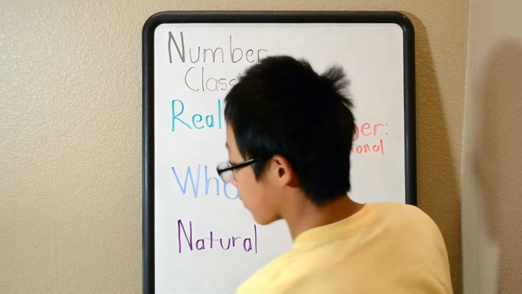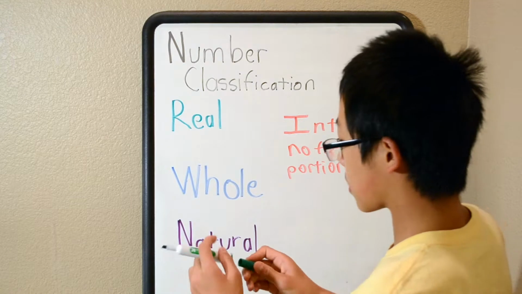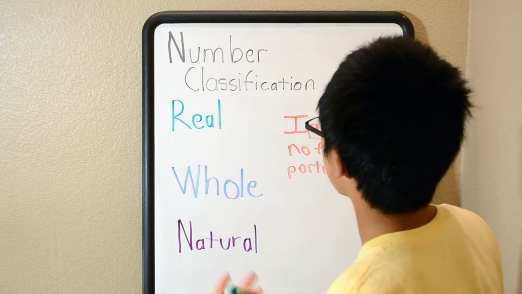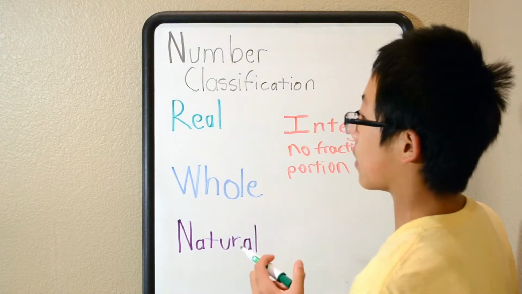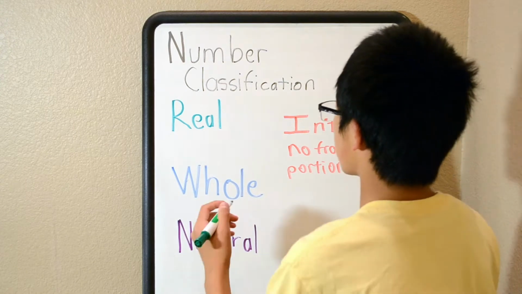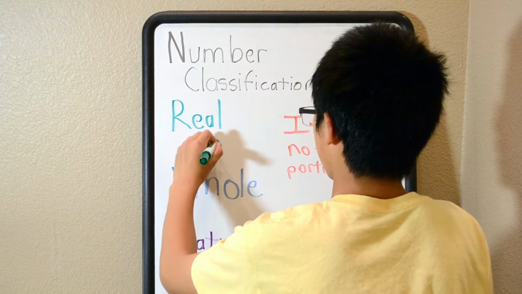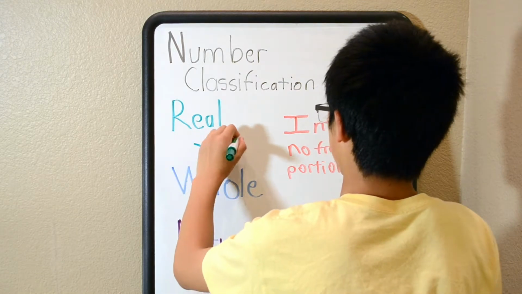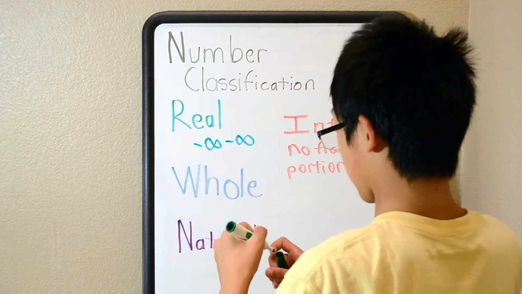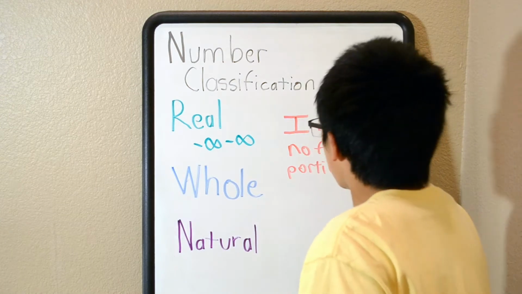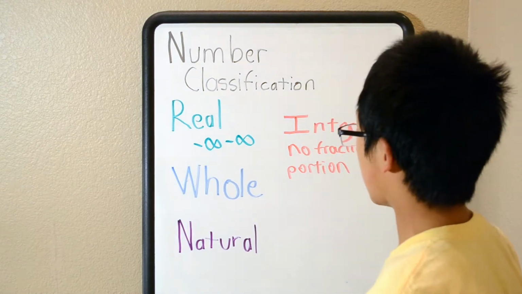So let's start with real numbers. Real numbers are numbers that we usually use. They can be positive or negative. So they're all integers from negative infinity to infinity. So basically any integer. Next, whole numbers.